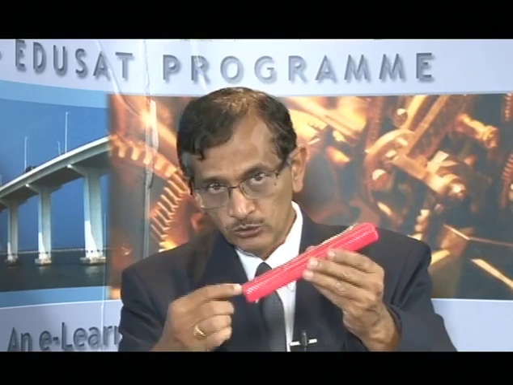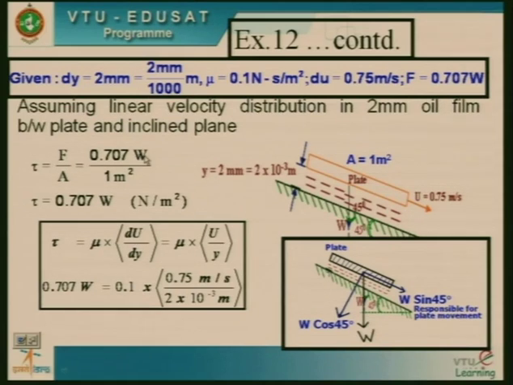This W sin theta is responsible for the movement of the plate, and this is W by root 2, which value is 0.707 W divided by area, which is equated to mu into du by dy, which is again substituted as mu into u by y.